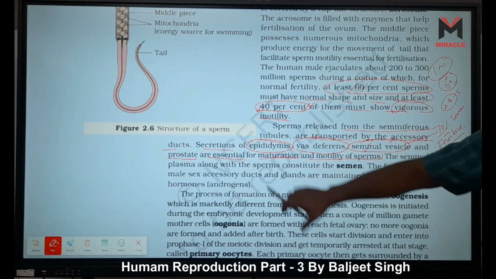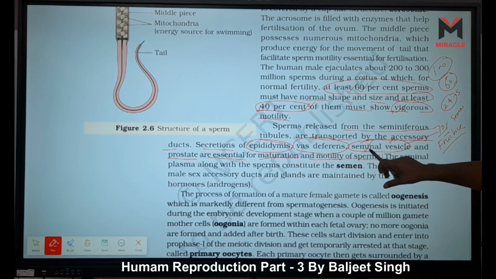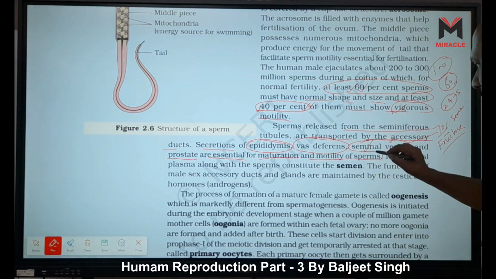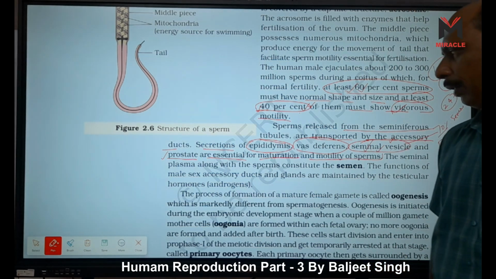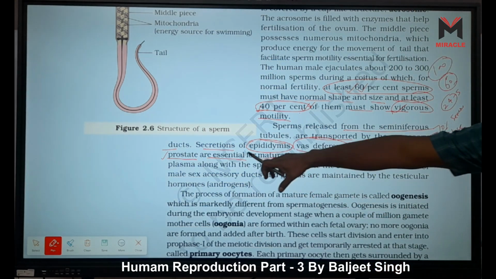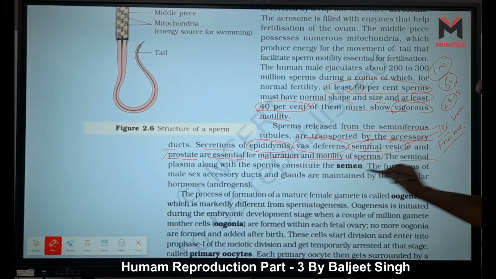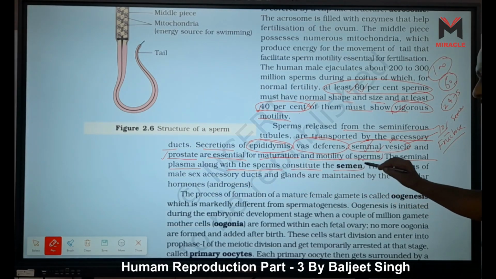Maturation occurs in epididymis, then they are transported through vas deferens and then meet with the secretion of seminal vesicle and prostate gland. Already I told you, seminal vesicle is a paired gland, prostate means ring-like single gland, unpaired gland, right? So these secretions are essential for the maturation and motility of sperms. The seminal plasma along with the sperms constitutes the semen.